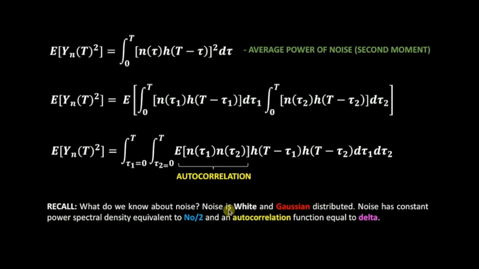When we say noise in this given case, noise is white and it is Gaussian distributed, or normally distributed. So noise has a constant power spectral density equivalent to n naught over 2. I hope you can recall that the power spectral density of a white and Gaussian distributed noise is n naught over 2, and its autocorrelation function is simply equal to delta.